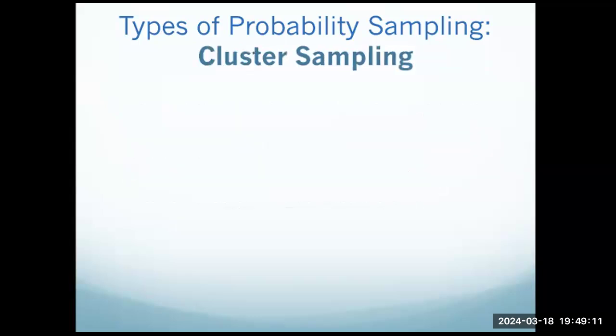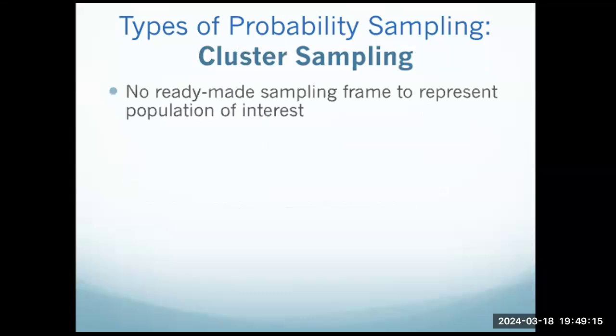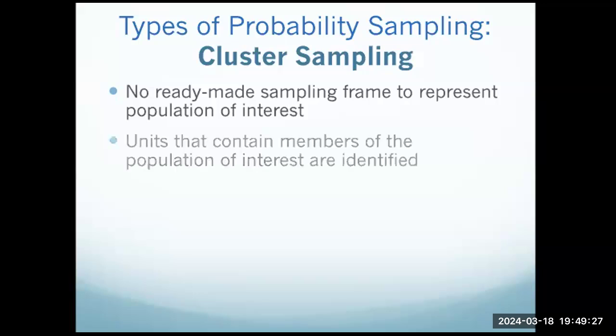Cluster sampling, you would use that if you don't have a ready-made sampling frame to represent your population of interest. There are some populations of interest, like college-going students, that's really easy to get.